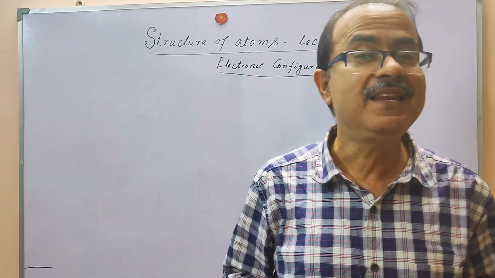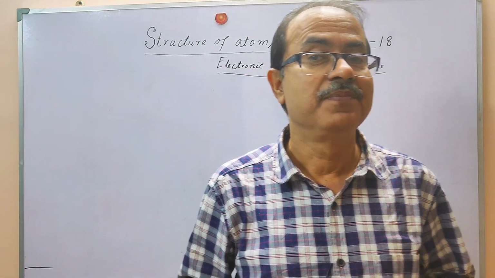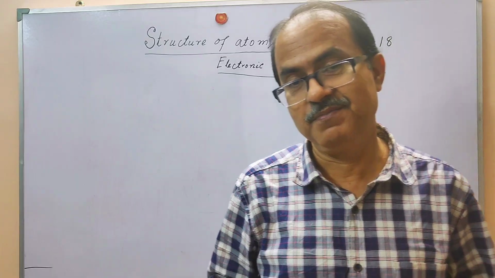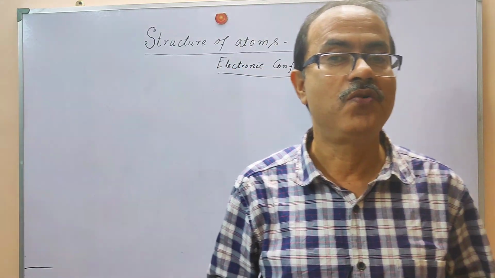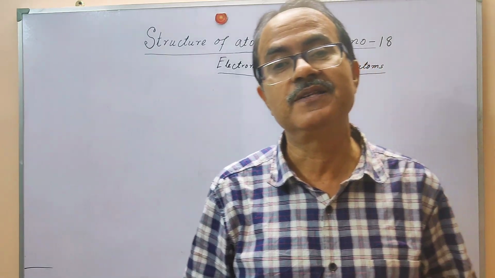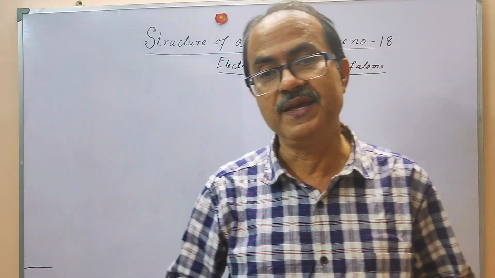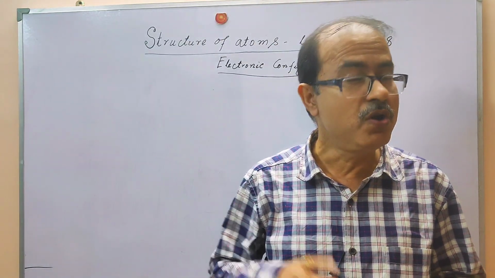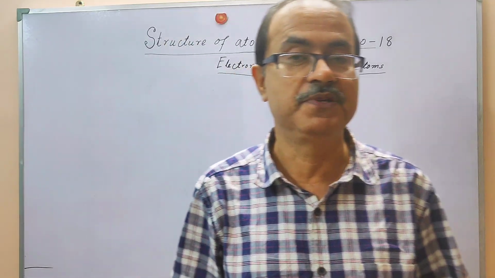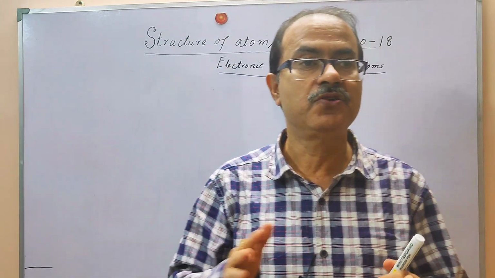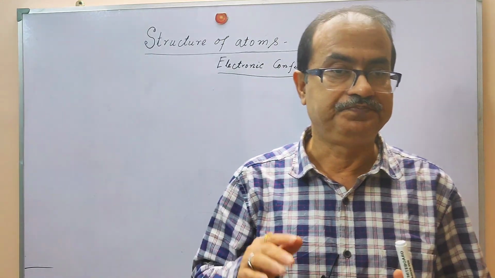But in the second notation, the fourth quantum number, the spin quantum number, is also represented by giving different arrows, the upward arrow and downward arrow. So this is how you can see the difference between both notations.